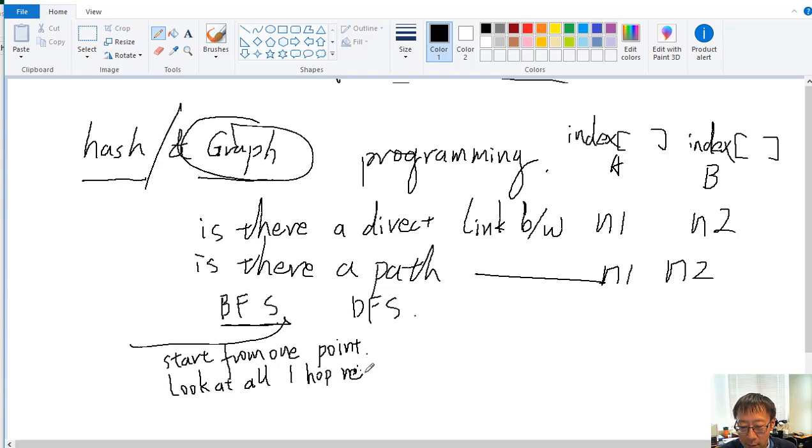Okay. What do we mean by one hop? One hop means one edge. We go through one edge and we're going to reach it. After we look at all the one hop neighbors, we will look at all the two hops neighbors.